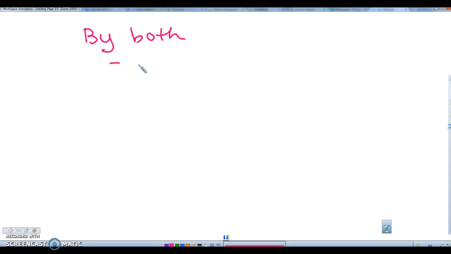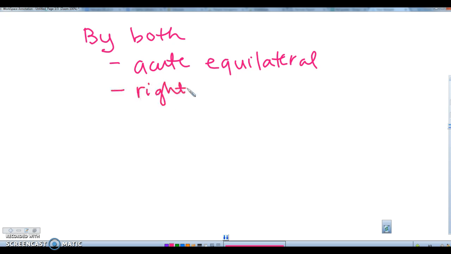So we could have an acute equilateral. In fact, all equilaterals are acute. We could have a right isosceles. We could have an obtuse scalene.